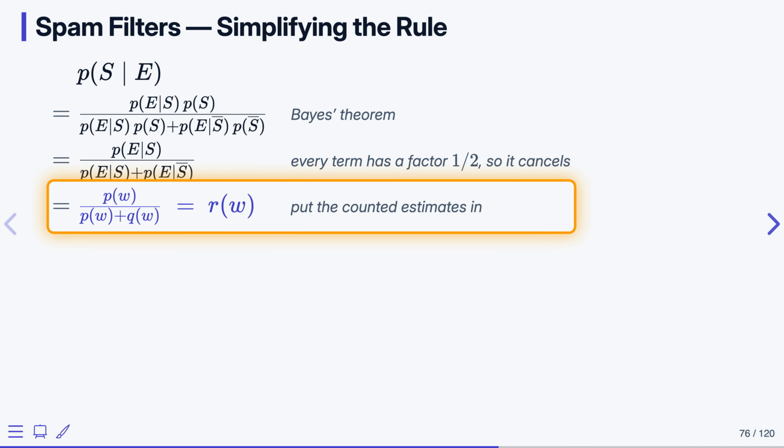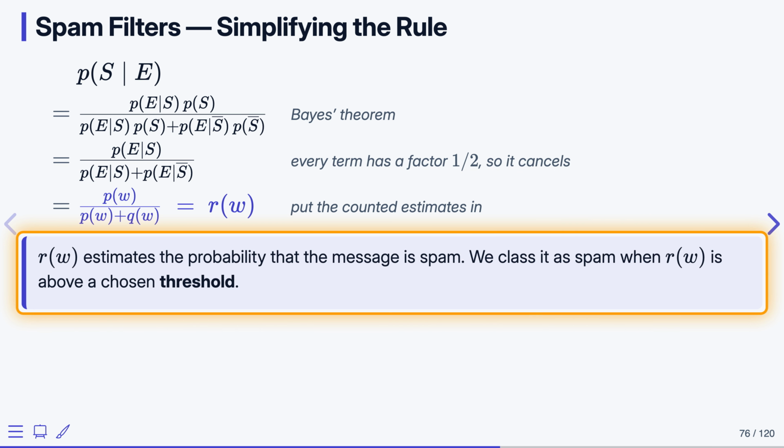Finally, replace the two conditional probabilities with the estimates we counted. We write the result R of W, it is P of W divided by P of W plus Q of W. This R of W is our spam score for that word. If it is above a threshold we choose, we call the message spam.